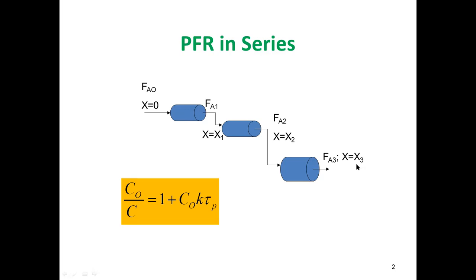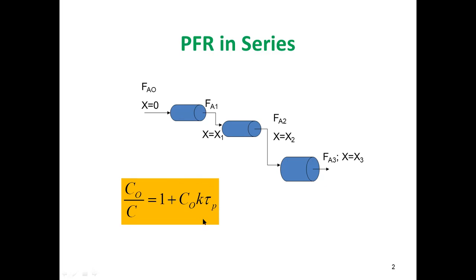So for these PFRs in series, the ratio of the initial concentration to the final concentration that leaves your last PFR in the series would be equal to this particular formula or expression. So that would be 1 plus the product of the initial concentration, or the concentration of the stream that entered the first PFR, the rate constant, and the tau p, which is the residence time.